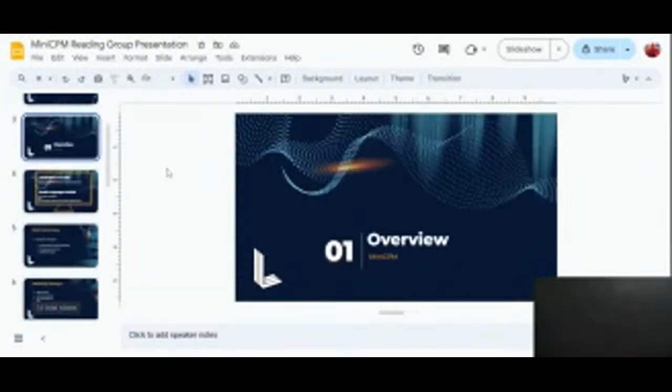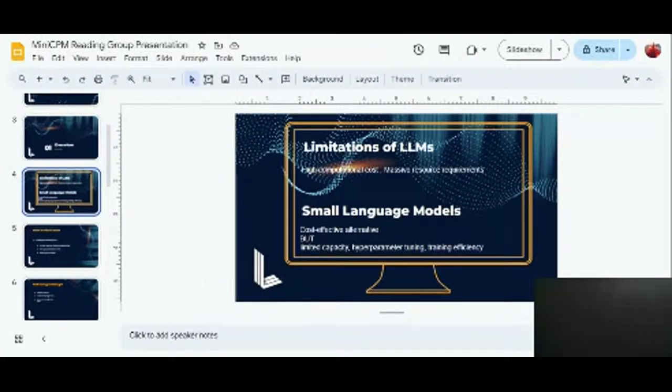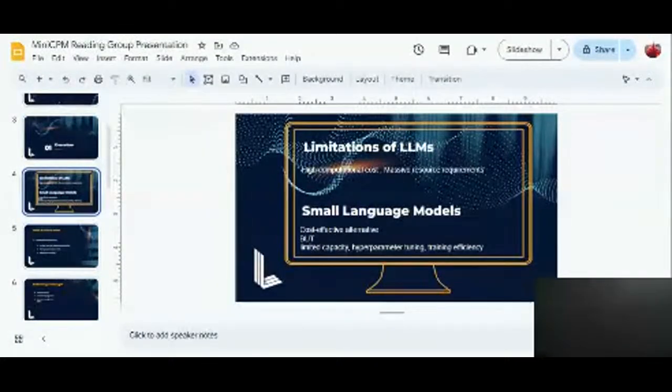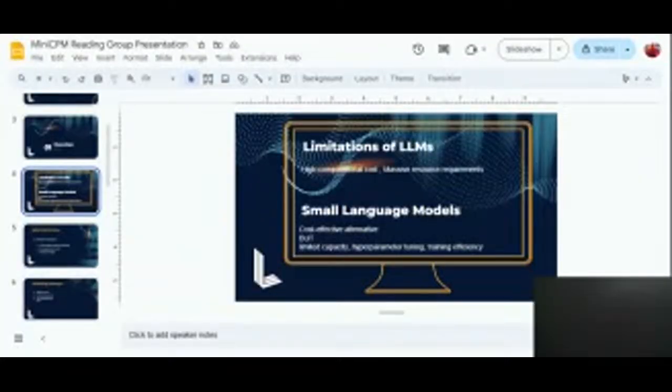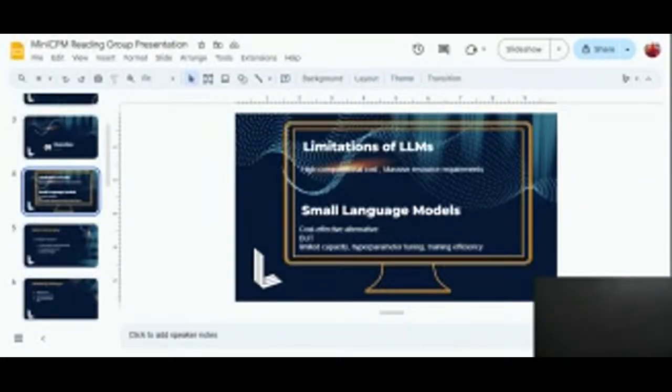Okay. So, going through the overview, language models are like supercharged learners, but they come with some challenges. One issue is that they require a lot of computing muscle. It is like trying to learn every book in a library at once.